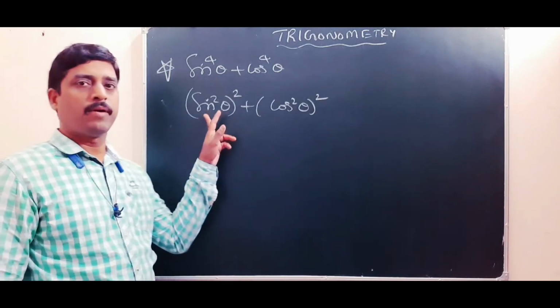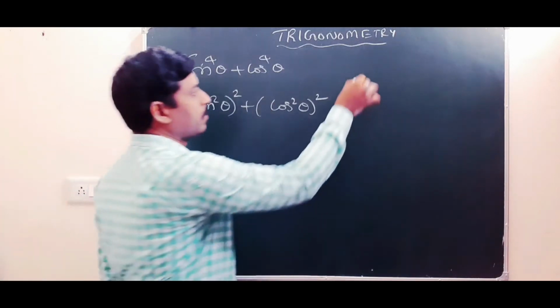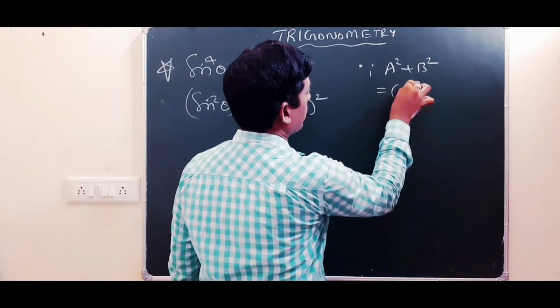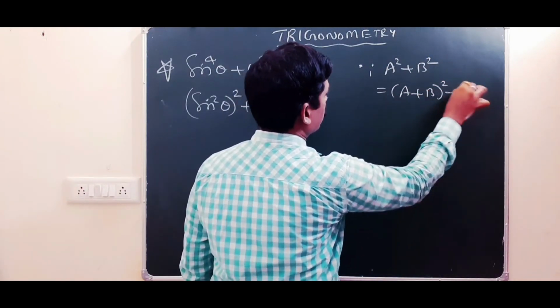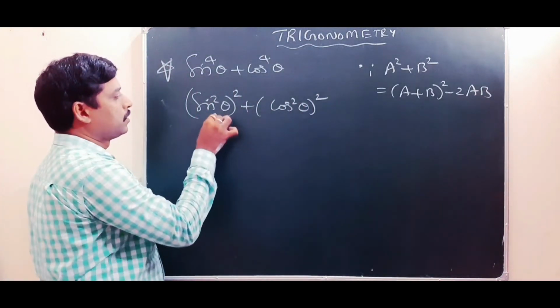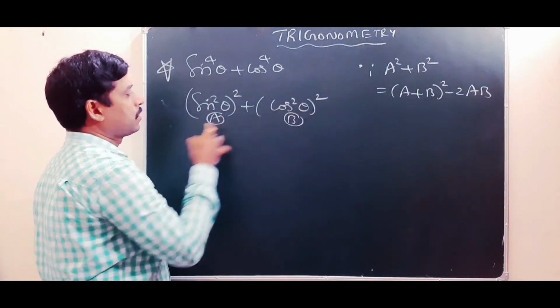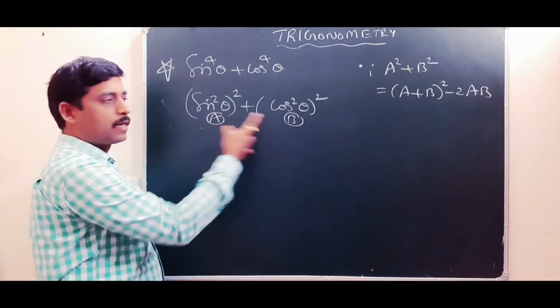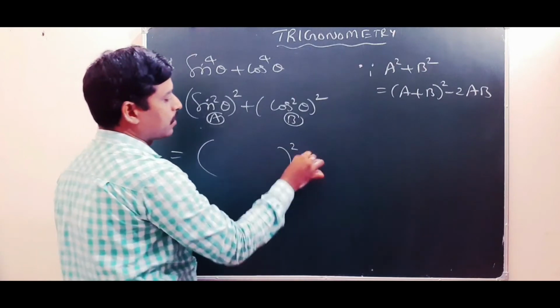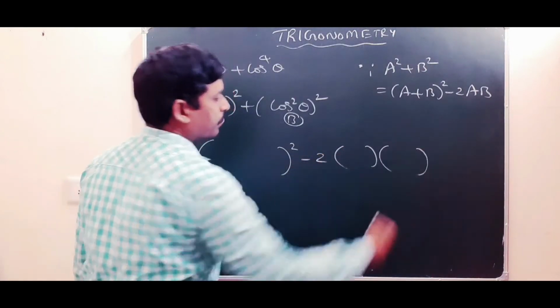This is in the form of a square plus b square. We have a square plus b square equal to (a + b) whole square minus 2ab. Let us take a and b values as sin square theta and cos square theta. What is the formula? (a + b) whole square minus 2ab.